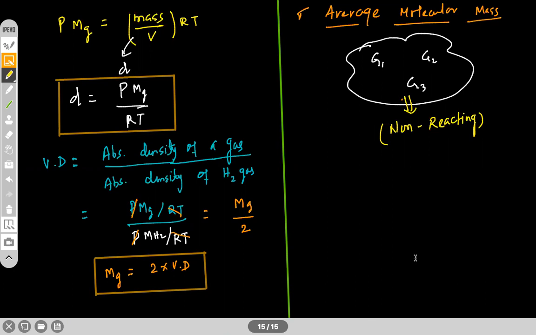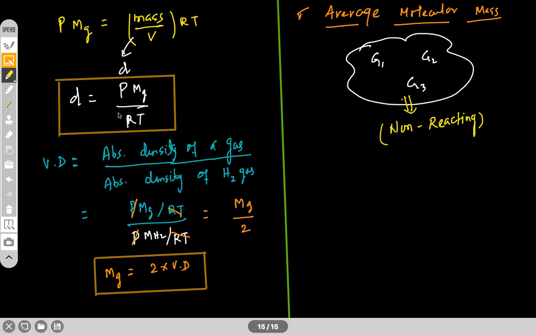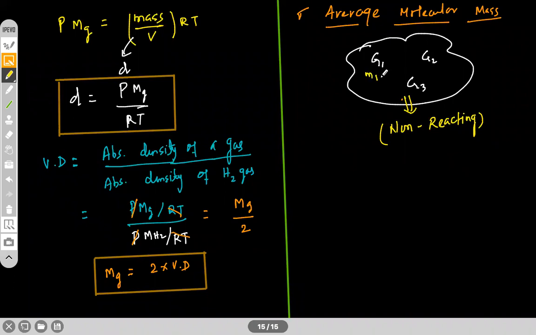For any reaction, the condition for that reaction must be fulfilled. If that condition is not there, the reaction is not possible. So whenever you have a mixture of gases plus vapor density mentioned, you have to consider that the gases are non-reacting.